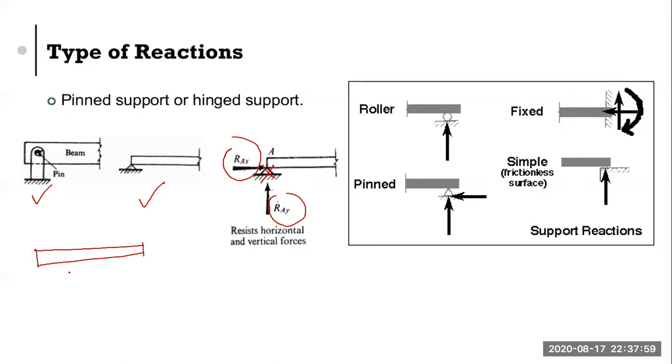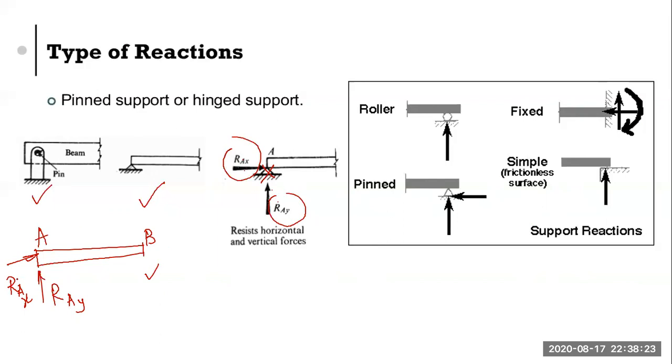Draw this, show a force RAY, show a force RAX, whatever may be the direction. Conceptually, this is the correct direction. Say this is the point A, and this is another point B. So conceptually, this is 100% correct.